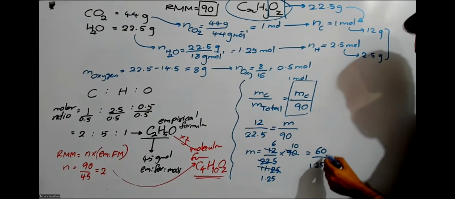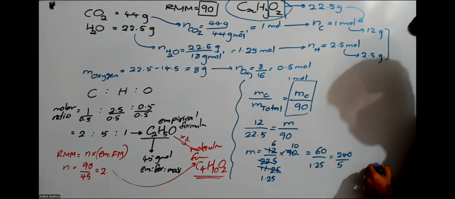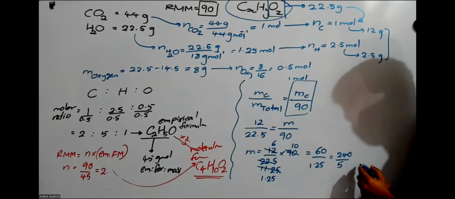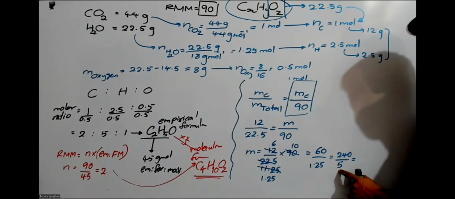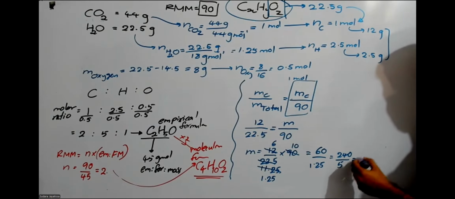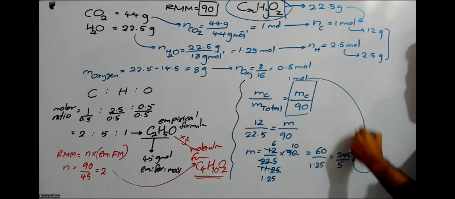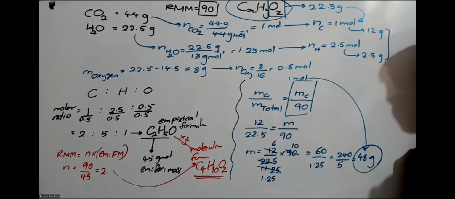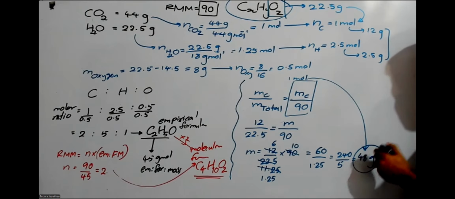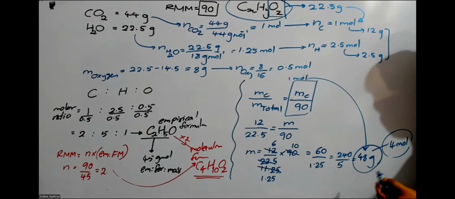Let's multiply the whole thing by 4, and it becomes 5, and this becomes 240. And this becomes 48. 48 grams of carbon is there in 1 mole. Understood? So that means 4 moles of carbon in 1 mole of compound.